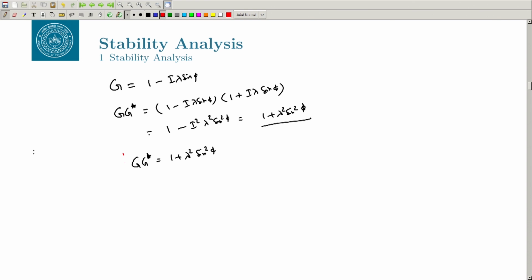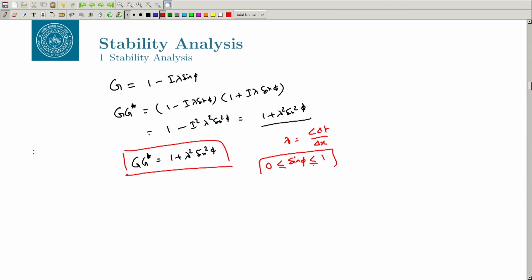Now, look at this closely. Okay. Now, lambda is a positive number, lambda is c delta t by del x, right. So, c is the speed of sound which is positive, okay, and we have delta t which is the time discretization, delta x which is the space discretization, and sin phi is basically between 0 to 1, right.